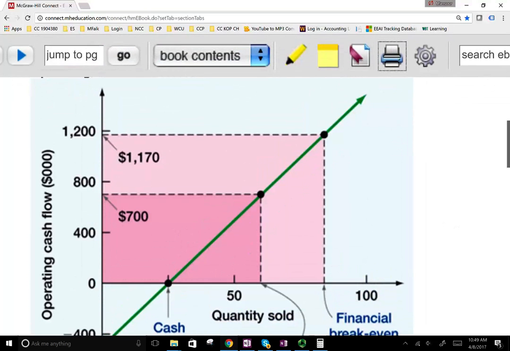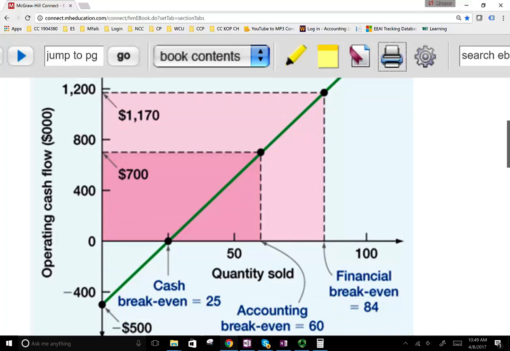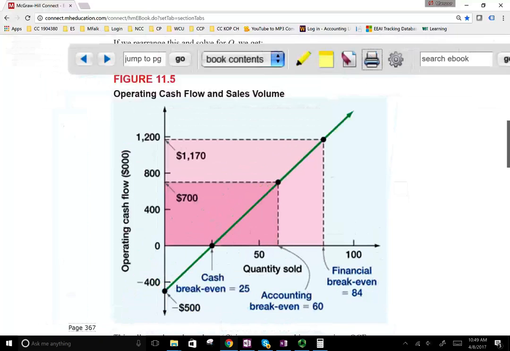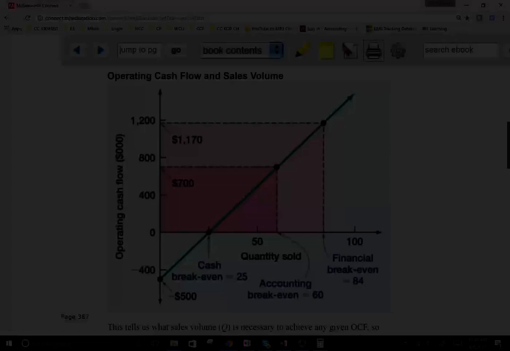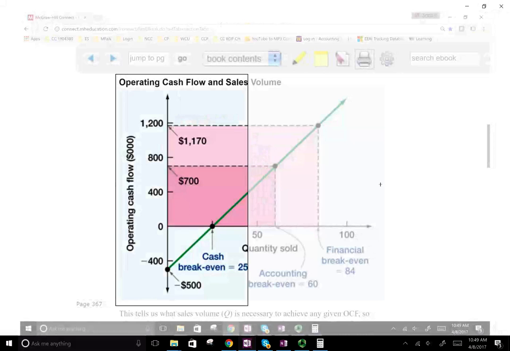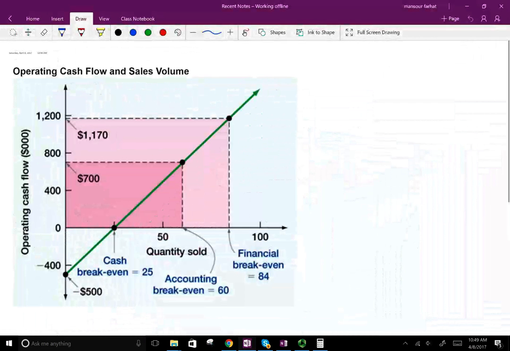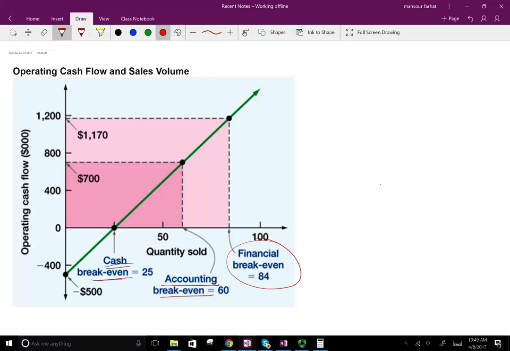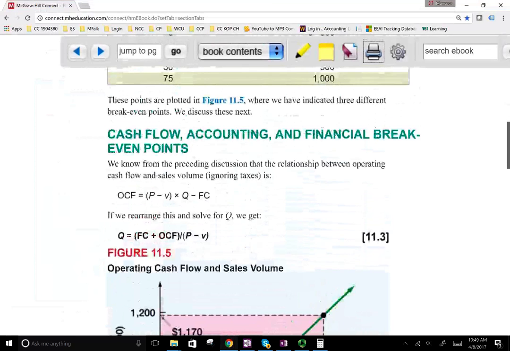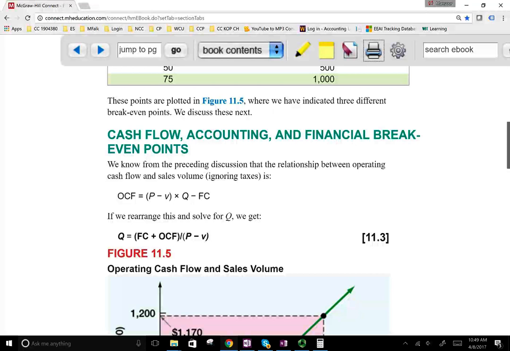Notice here we have 3 break-even points: the cash break-even point, the accounting break-even point, and the financial break-even point, which is at 84 boats. Depending on which break-even point you are looking at, cash, accounting, and so forth, it differs. But let's take a look at the financial break-even point. We haven't looked at that yet.